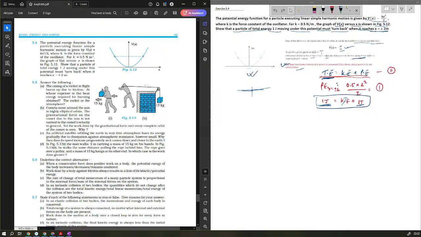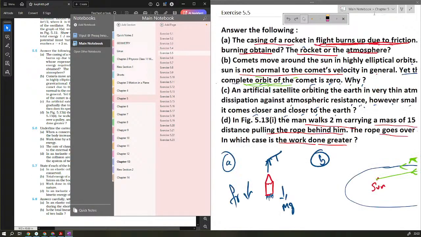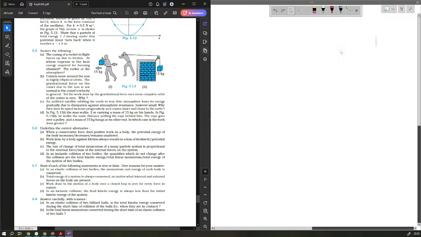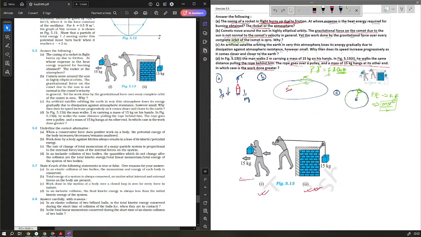Now the fifth question is: the casing of a rocket in flight burns up due to friction. At whose expense is the heat energy required for burning obtained, the rocket or the atmosphere?